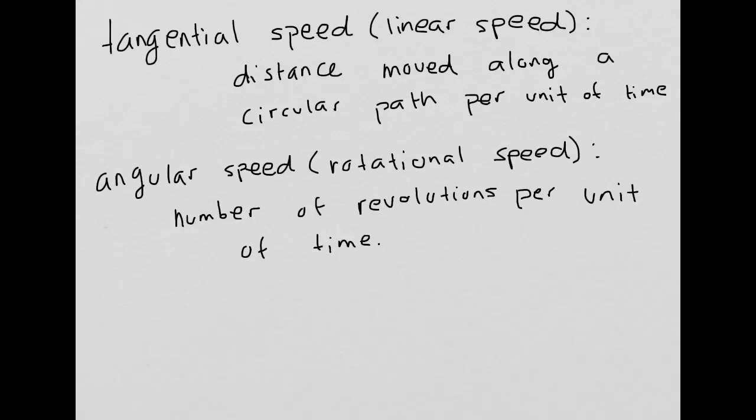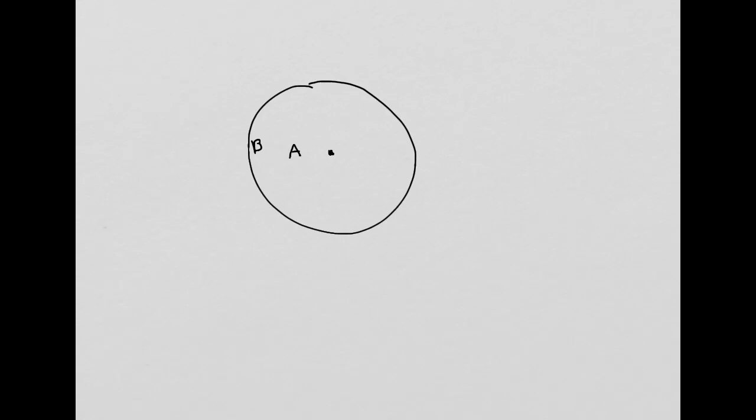So let's go back to the example to consider how these are related. Okay. So it's sort of intuitive that if rotational speed were to increase, linear speed will also increase as well. If I'm making more revolutions per minute, I'm increasing my linear speed. I'm covering more distance per unit of time. So linear speed increases with rotational speed.